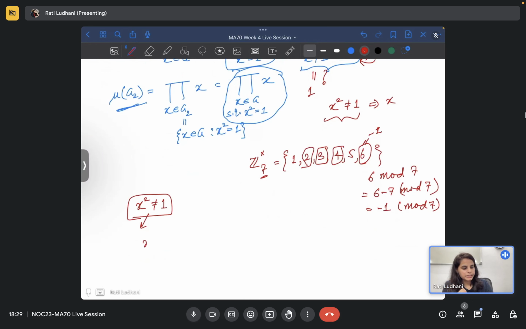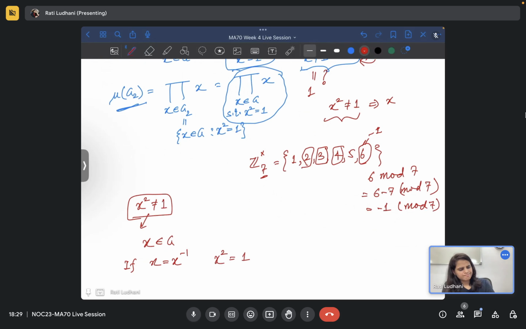Let's take x belongs to G. If x is equal to x inverse, what does this imply? I can multiply by x, so x square is equal to 1. Since G is a group, I can multiply by x and get this.